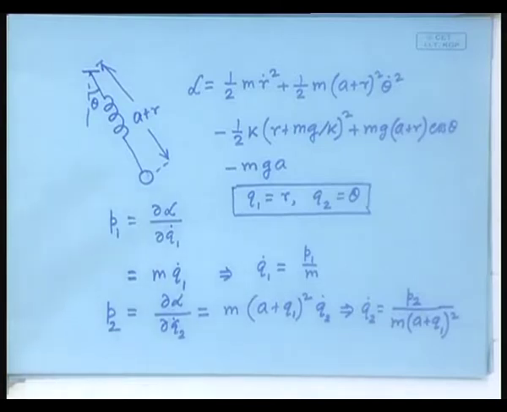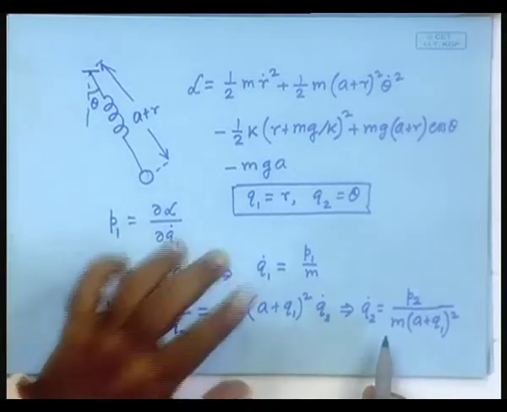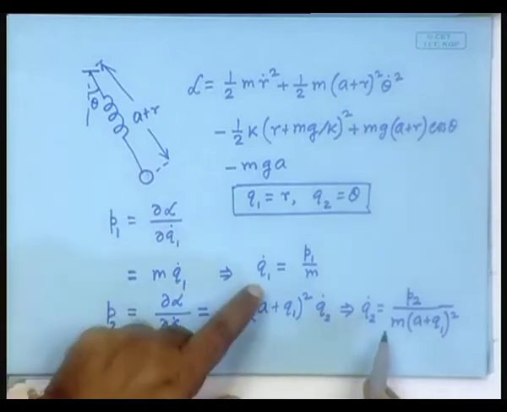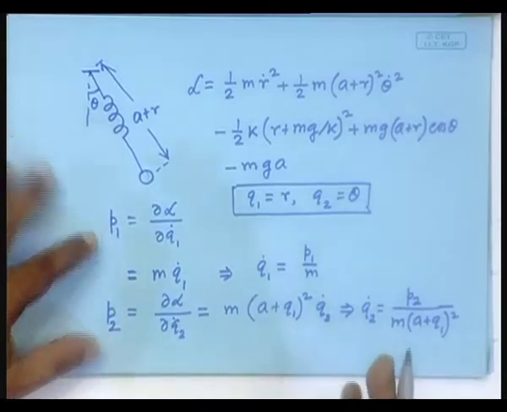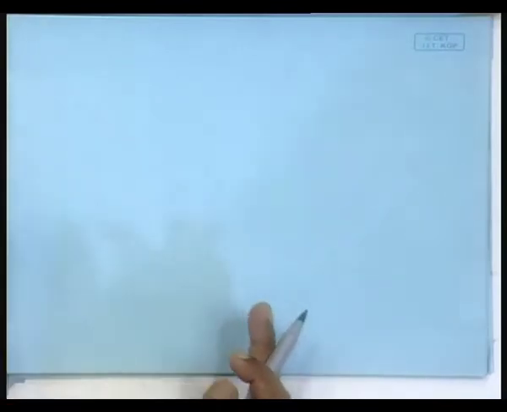Fine. So, you see, out of the 4 equations that you need to derive, 2 were simply obtained from this. Now, to the other 2. The other 2 would be where P 1 dot is in the left hand side and P 2 dot will be in the left hand side. So, that will have to be obtained from this equation.